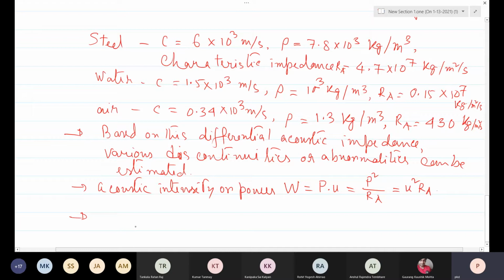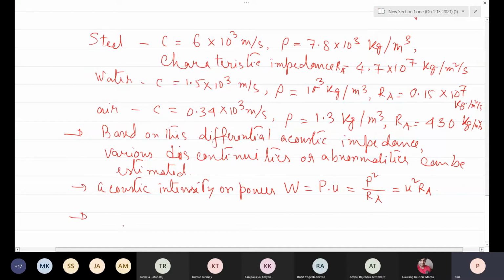But apart from that, there could be certain energy which goes from the acoustic domain to another domain, mainly the thermal domain.